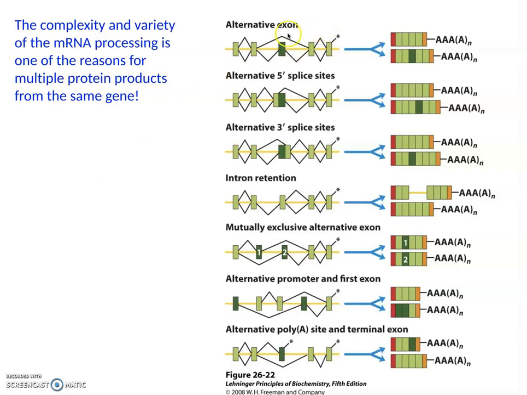You can see we can have alternative exons. We have alternative 5' splice sites, alternative 3' splice sites, and so on. Various products from the same gene, all because of alternative processing of mRNA.